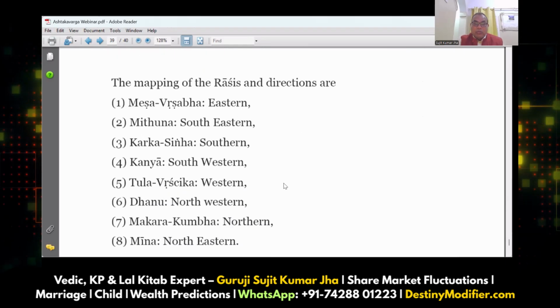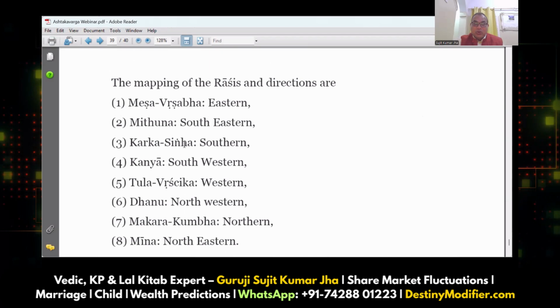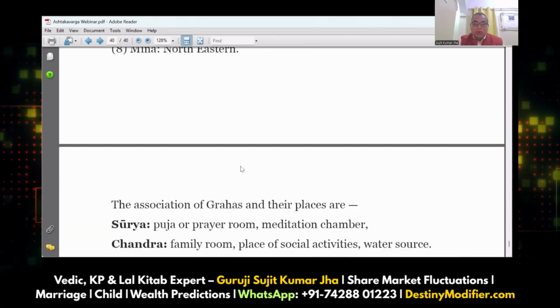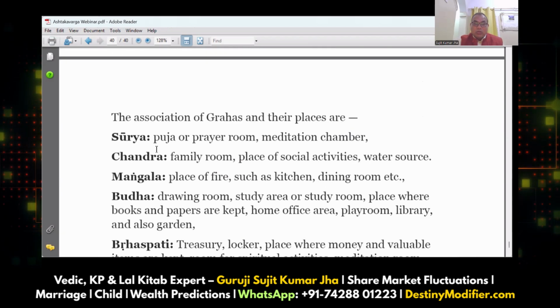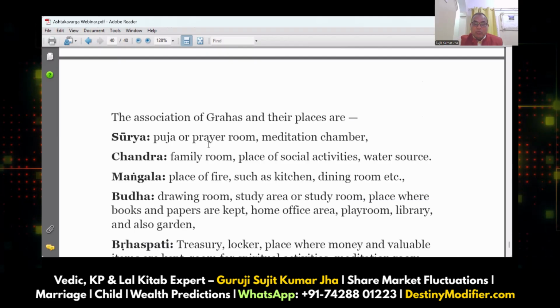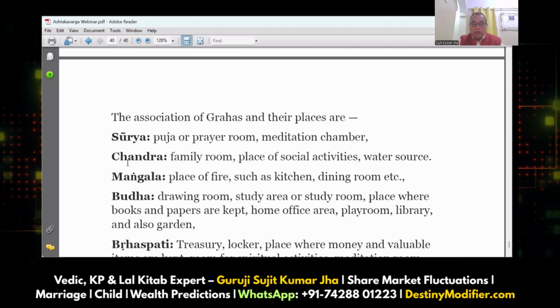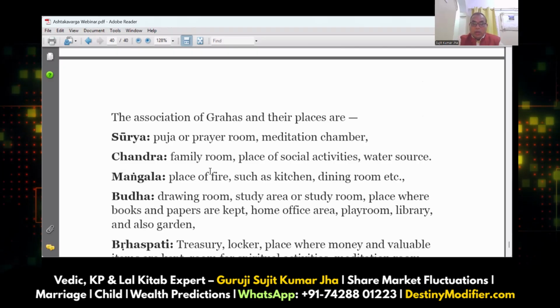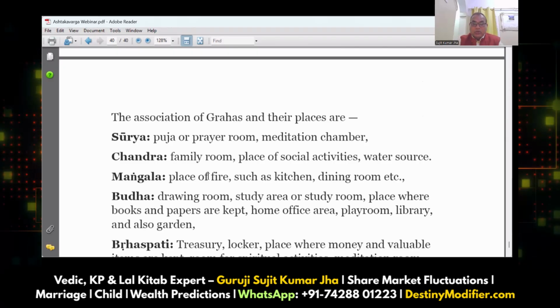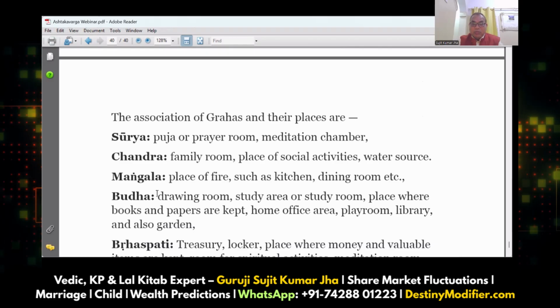So, in which direction to keep items? You can see this for the puja prayer room. We have to consider Sun Bhinnashtakavarga, Moon Bhinnashtakavarga for the family room, water source for the kitchen, Mars.